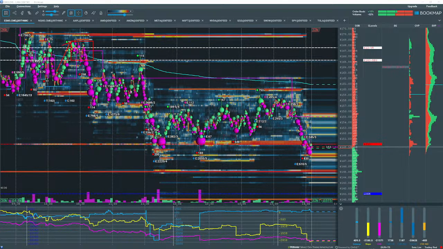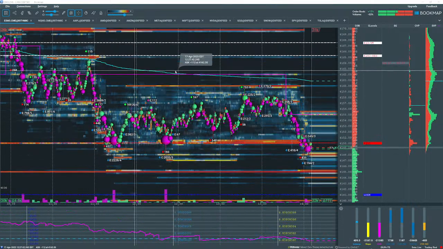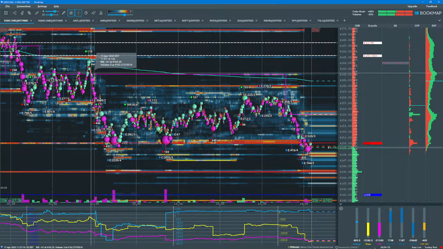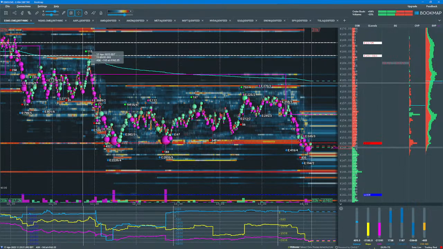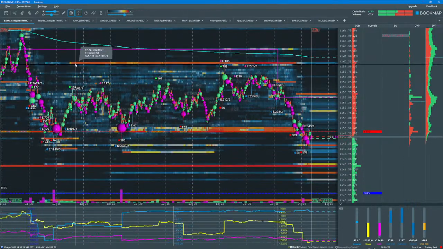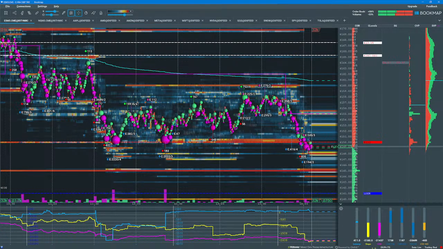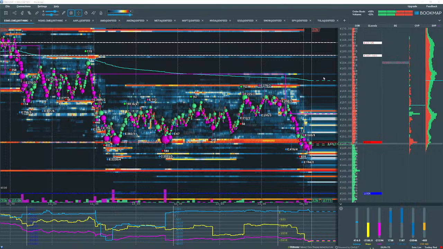Okay, and you can see the same shift in order flow here, just before 11:30. Reversal at just below VWAP. Let me bump up the liquidity here. You can see these limit sell orders here.